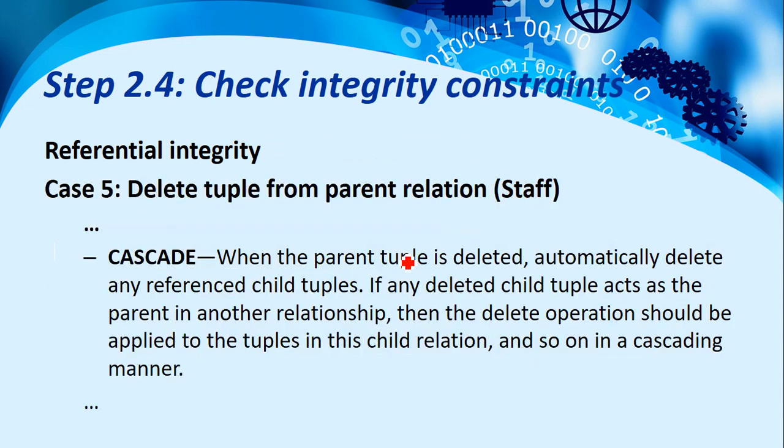And let's say cascade: when the parent tuple is deleted, automatically delete any referenced child tuples. If any deleted child tuple acts as parent in another relationship, then the delete operation should be applied to the tuples in this child relation, and so on in a cascading manner.